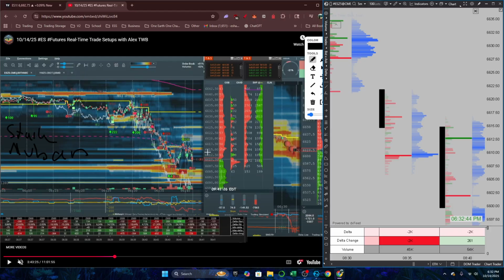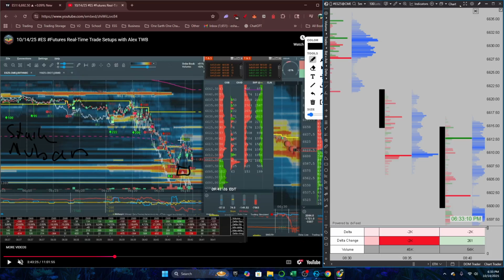Stark Mubin has a lot of money. With that money, he placed a passive buy order right here. Now, what did this passive buy order do to the market? It drove all of these participants away, because that's going to prevent price from going lower. A lot of these sell orders are going to exit, causing price to move up.